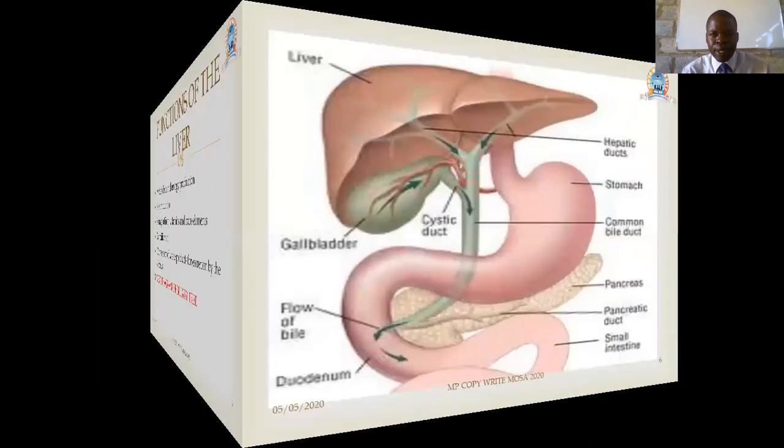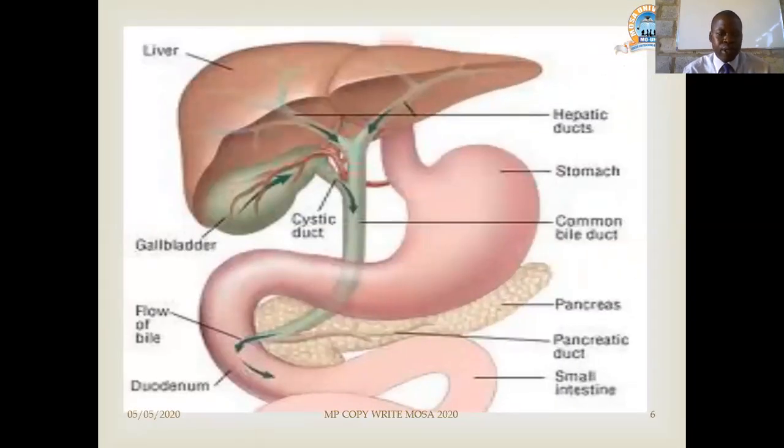We have the diagram of the biliary tree, where on top we have the liver, and you can see the hepatic ducts. We have the gallbladder, and of the gallbladder, we have the cystic duct. Then we have the common bile duct.